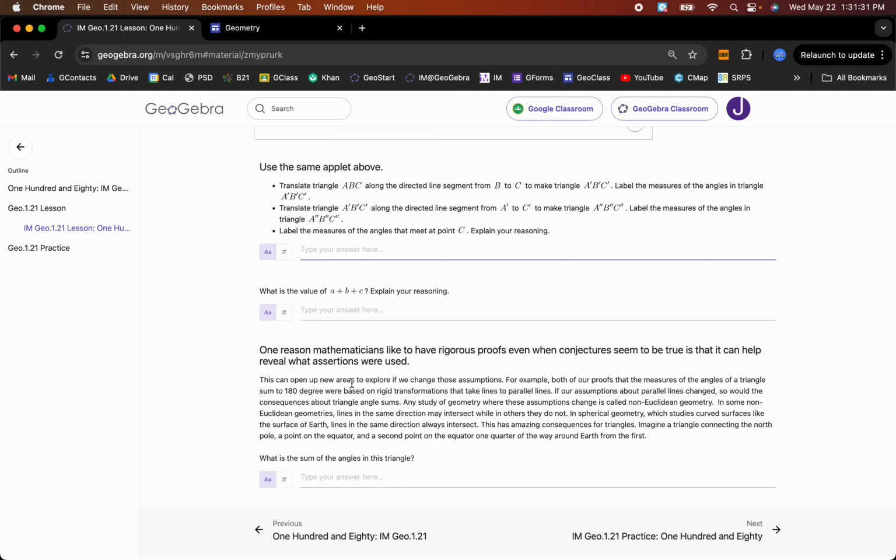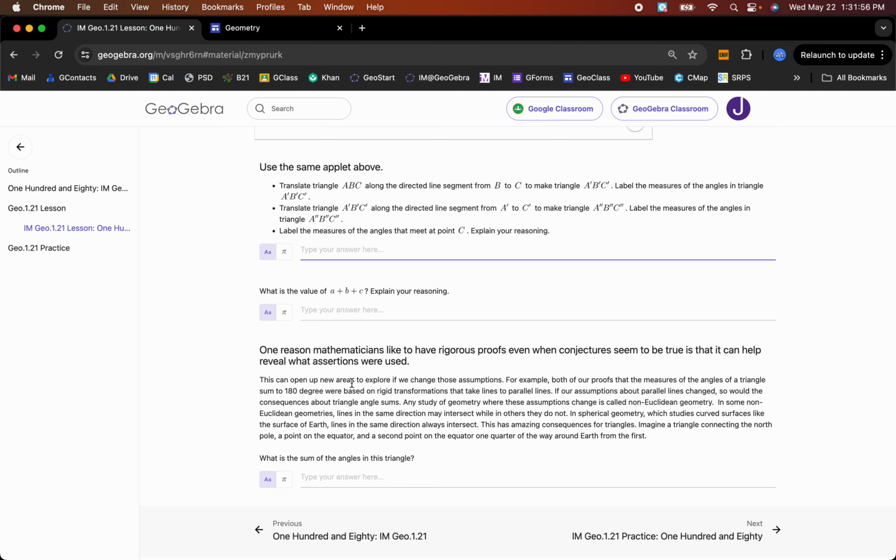Imagine a triangle connecting a point on the North Pole, a point on the equator, and a second point on the equator 1/4 of the way around the Earth from the first. What is the sum of the angles of this triangle? Well, the crazy thing is that that's definitely above 180 degrees.